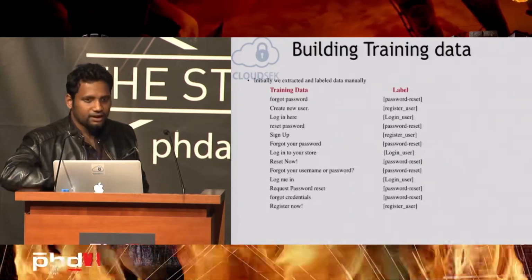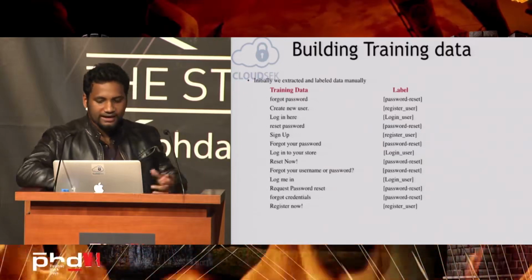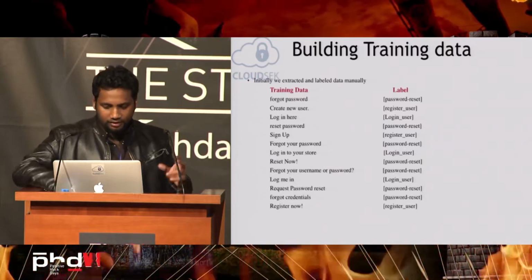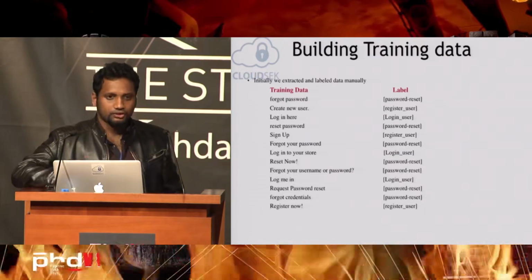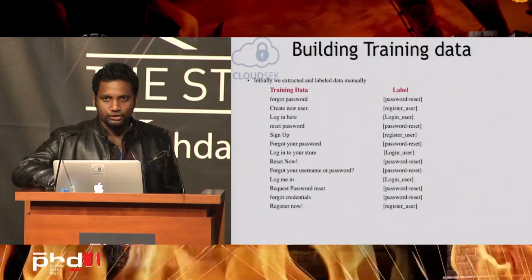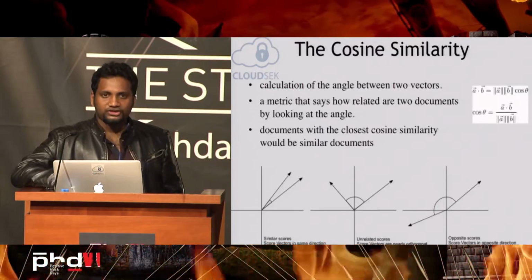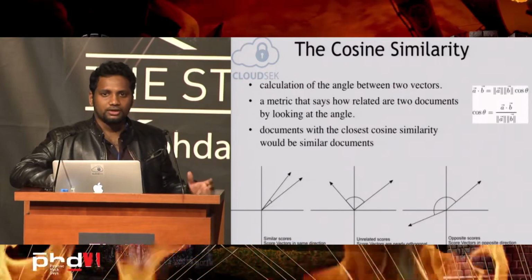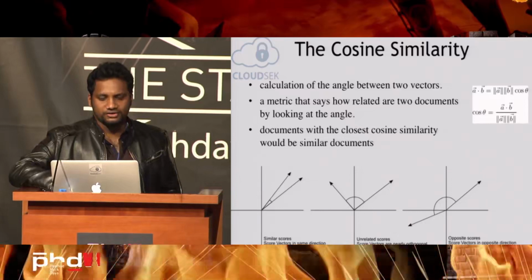So we started manually tagging and creating different classified labels. But the problem is you cannot teach an application new things every day. So when it encounters something new, we wanted it to understand new and similar sentences as well. For that, we used something called cosine similarity.